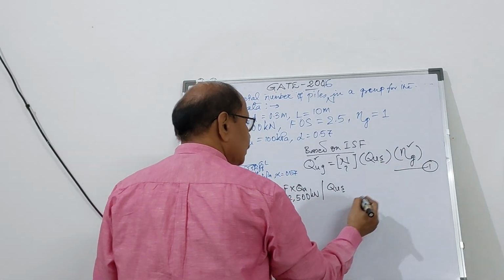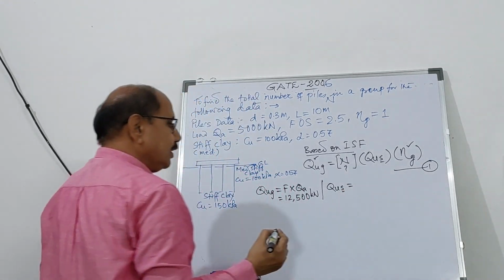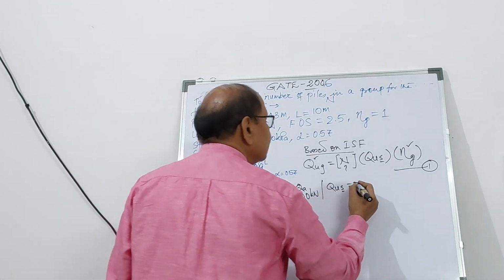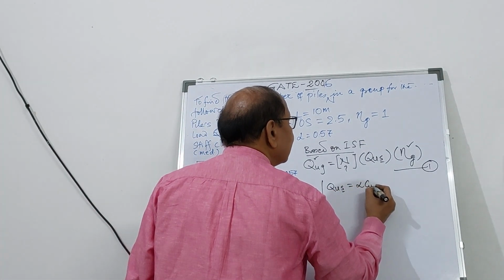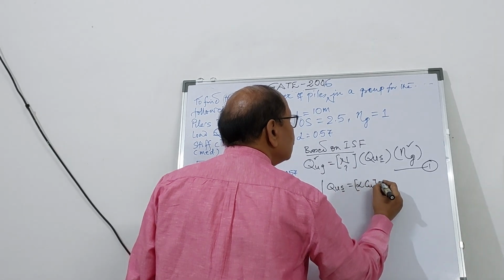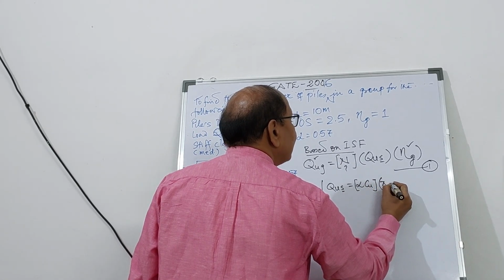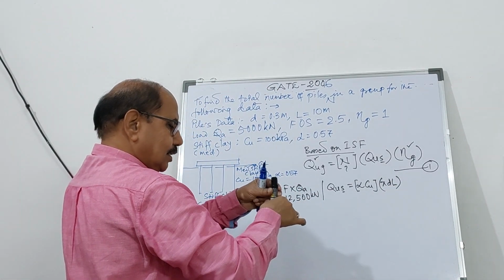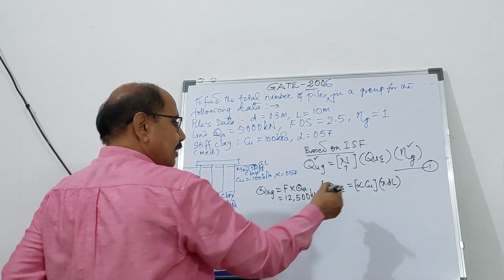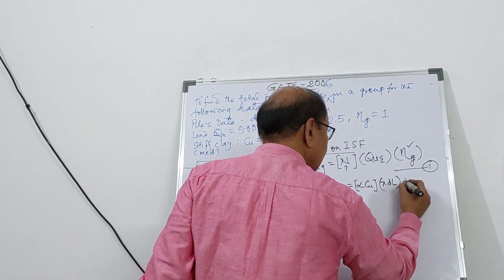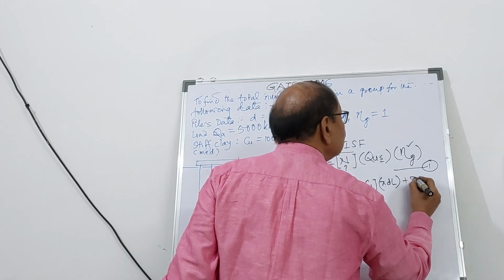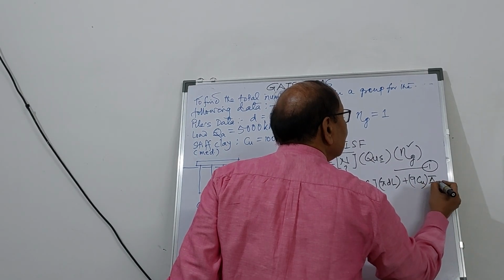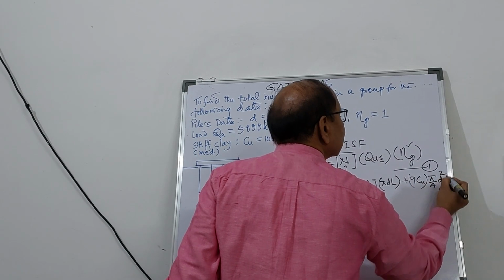This efficiency is 1. Now what is the ultimate load carrying capacity of a single pile? For a single pile, it is alpha times Cu multiplied by pi d l, that is pi d multiplied by the length of the pile, which is the unit skin friction, plus 9 times Cu into pi by 4 d square.